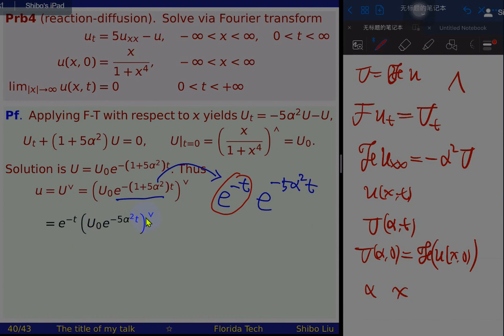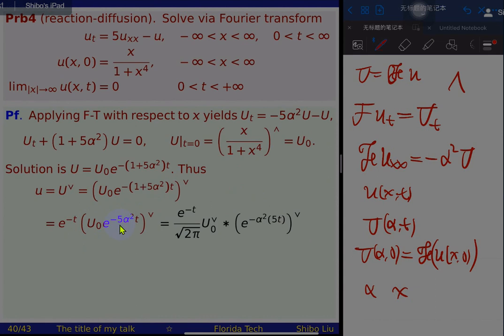But the inverse transform of the multiplication of two functions equals the convolution of their inverses. So the inverse of U0 times the exponential equals the inverse of U0 convolved with the exponential inverse, up to a constant 1 over square root of 2 pi.